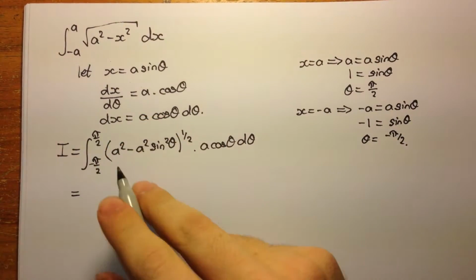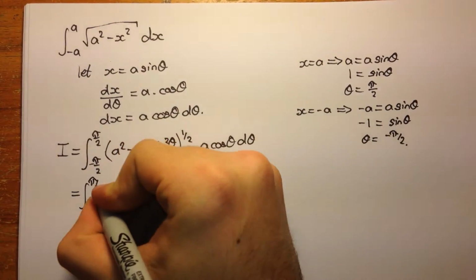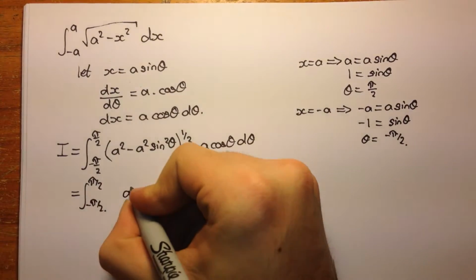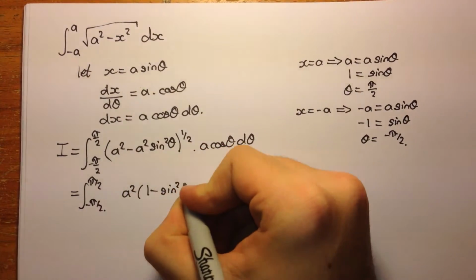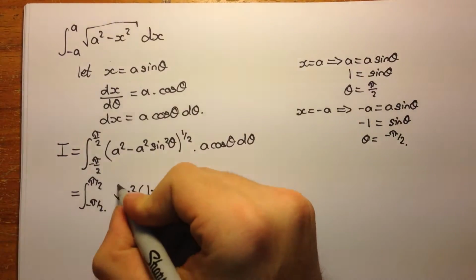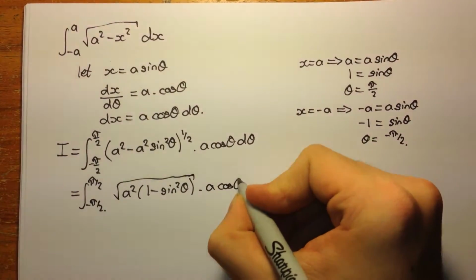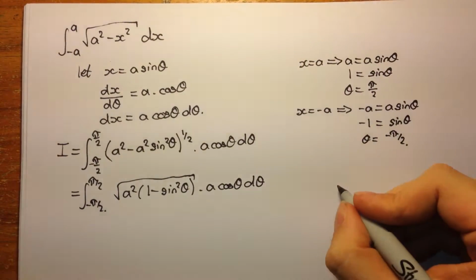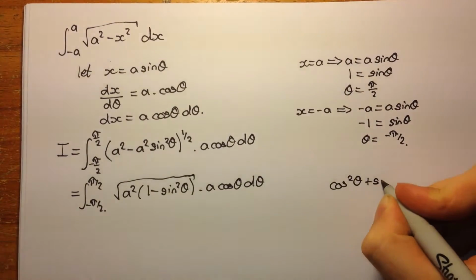Okay, so now we can go ahead and simplify this a little more. So this is a squared into 1 minus sine squared theta, that's the square root of that, times a cosine theta d theta. Now it's important to remember the trigonometric identity.